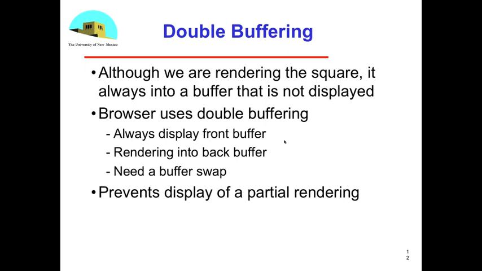So the trick is that we always render into a back buffer. We always display a front buffer, and then we have some mechanism to say, okay, now is the time to swap the front and the back buffer. So the back buffer becomes the front buffer, which has the new information in it, and the front buffer becomes the back buffer, so we clear it and we can render into it.